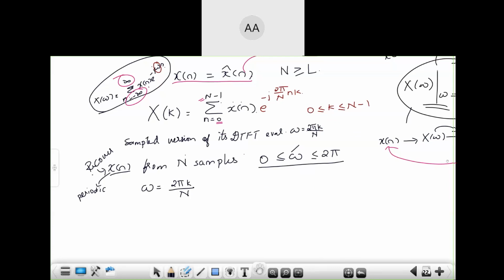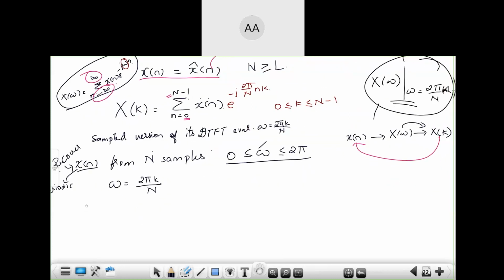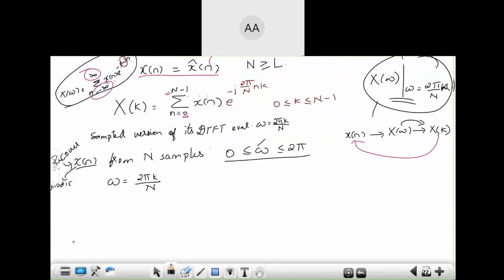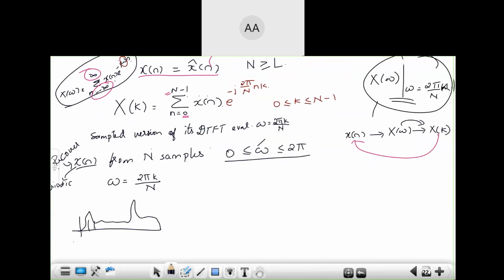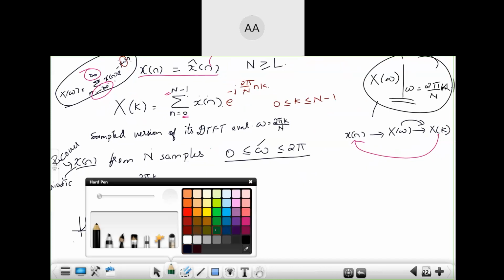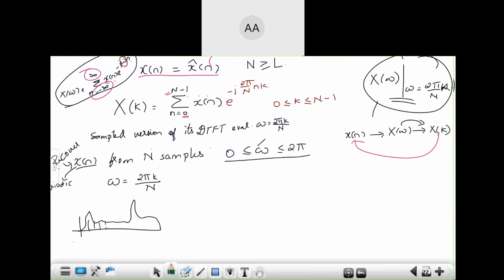All right, I think I showed you this. You have the frequency spectrum, something like this. You are going to sample it. How do you do the sampling in the frequency domain? This is omega, this is your frequency X of omega.